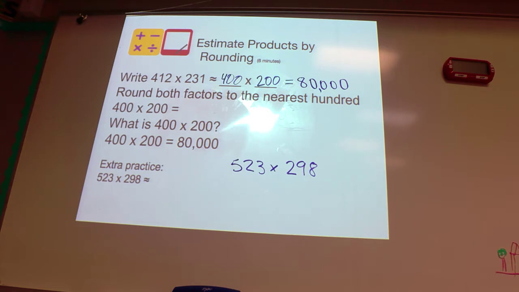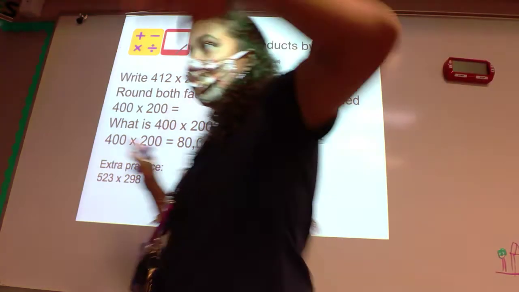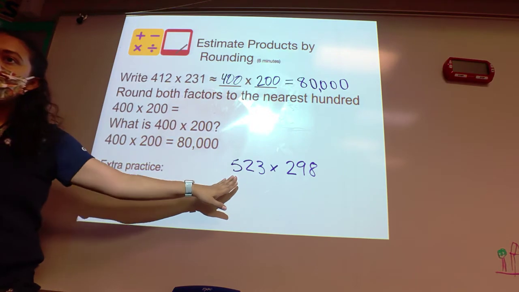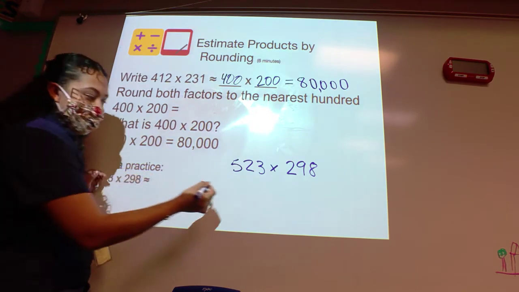So the first factor, we have 523. So should we round down to 500 or round up to 600? 500.